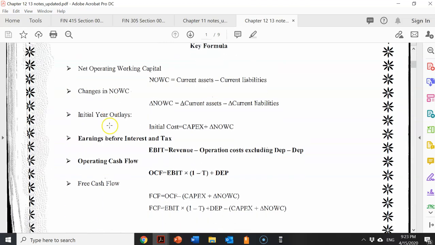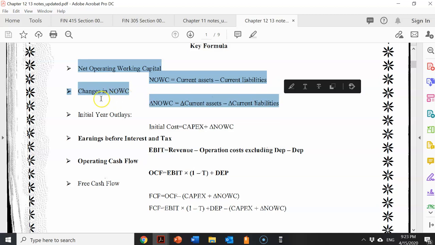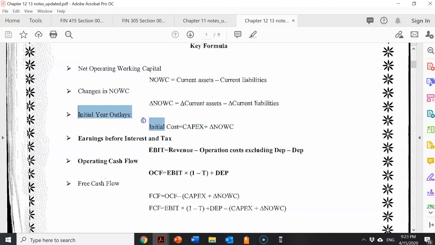Okay, and we would begin with net operating working capital, which is current assets minus current liabilities. So the change in net operating working capital is just the change in current assets minus the change in current liabilities. And the initial year outlay will be the initial cost, which is equal to capital expenditure plus change in net operating working capital.